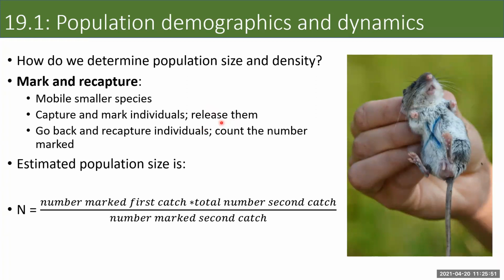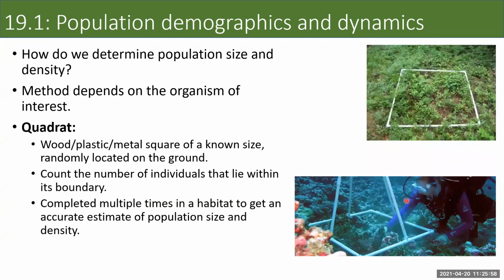For example, there's one called a line transect, where instead of doing the grid, the quadrat here, you would have a line that goes through the habitat, and you would walk that line, and any organism that you could see that was part of the species that you wanted to count, you would count it. Then you would know the distance of that line, the distance you could see, and the number you counted, and you can extrapolate that to a known size.